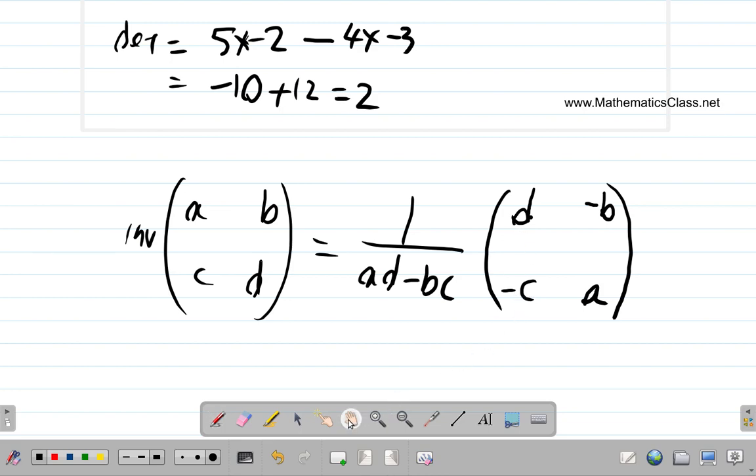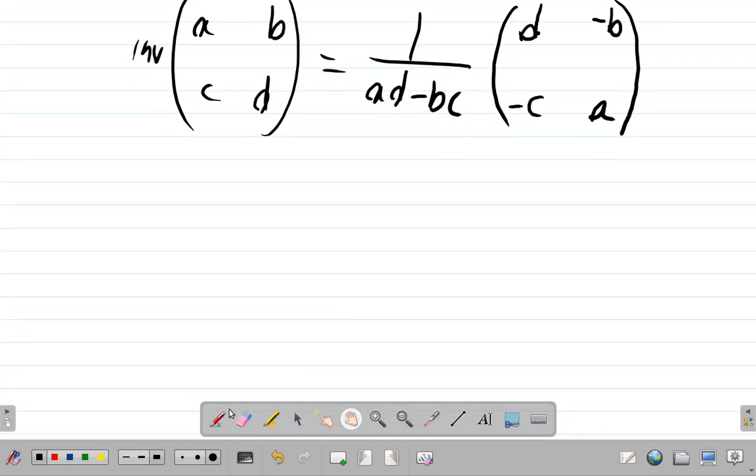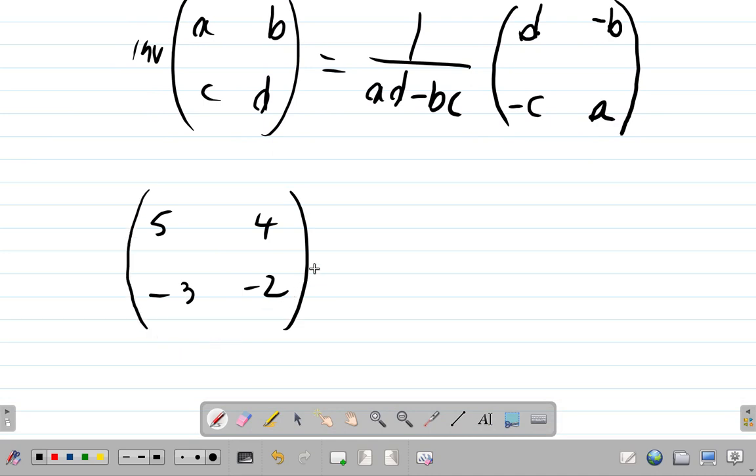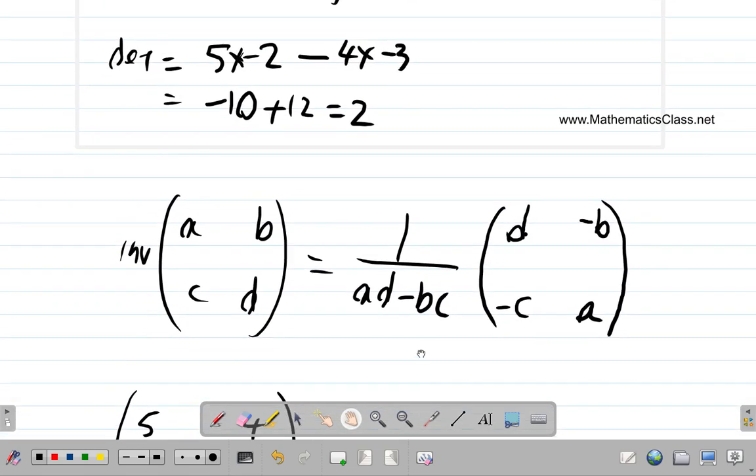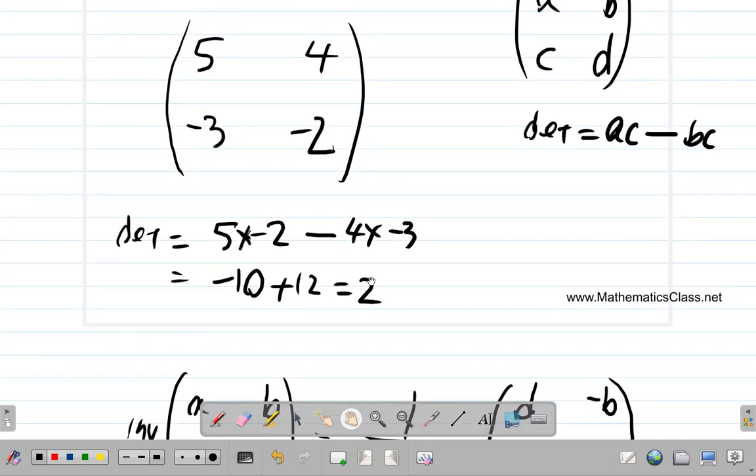Let us apply that to what we have: 5, 4, negative 3, negative 2. Now, the inverse of this is what? It's going to be 1 divided by 2.